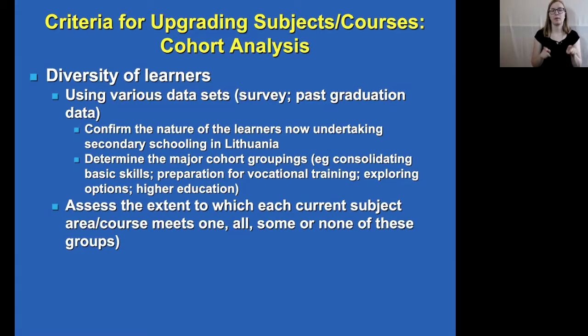Assess the extent to which each current subject area meets one, all, some, or none of these groups. In other words, for a current maths course you offer, which group or groups is it directed towards? Are there courses that all students do, but really only one group in the cohort is privileged and the course is geared towards them?